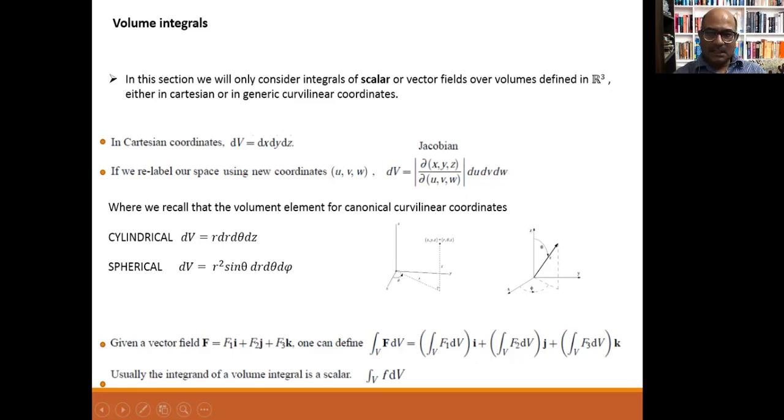It will be a triple integration: here x, y, z are the parameters, here r, theta, z are the parameters, and here r, theta, phi are the parameters. So accordingly, we will have three integrals to find the volume integral.